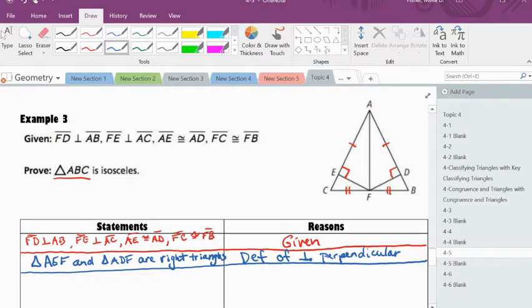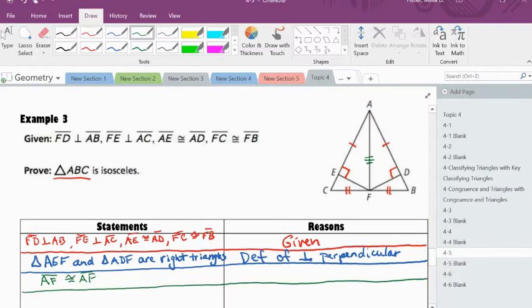So now we've stated that those are right triangles. The next statement I'm going to make is that AF is congruent to AF. And that is the reflexive property.